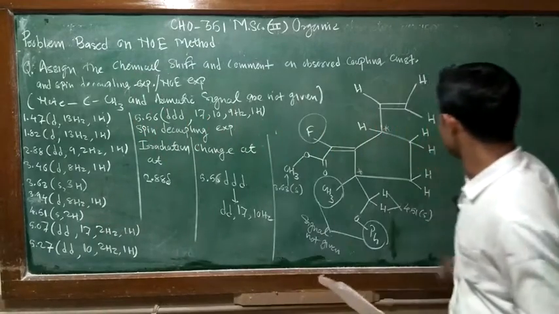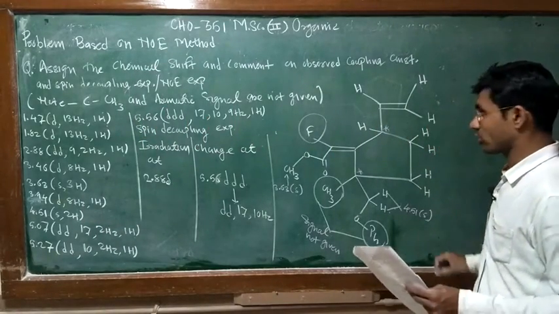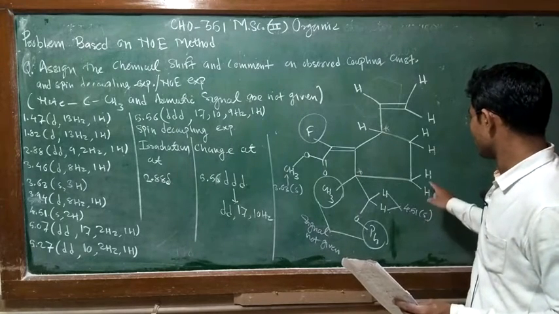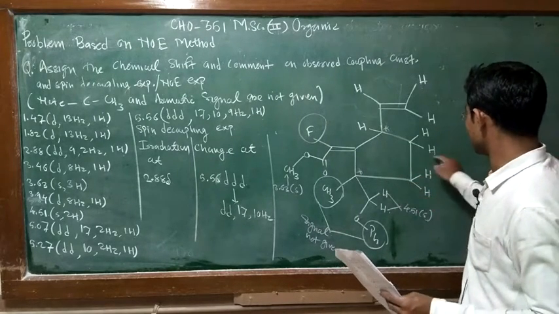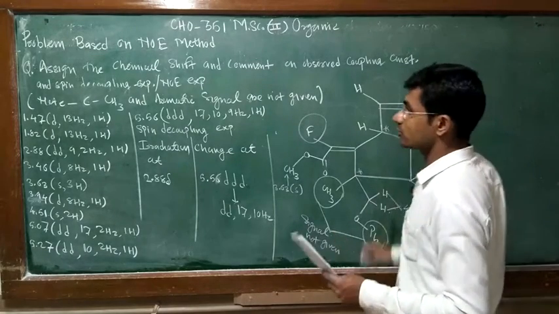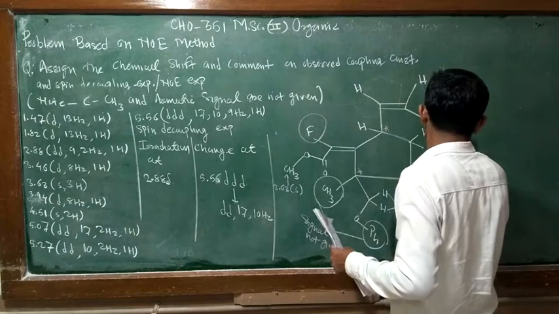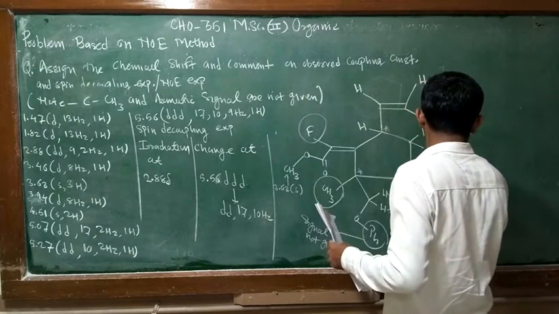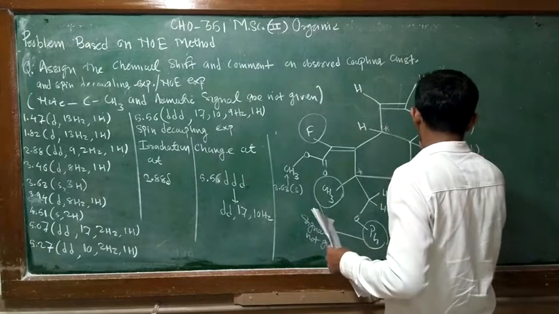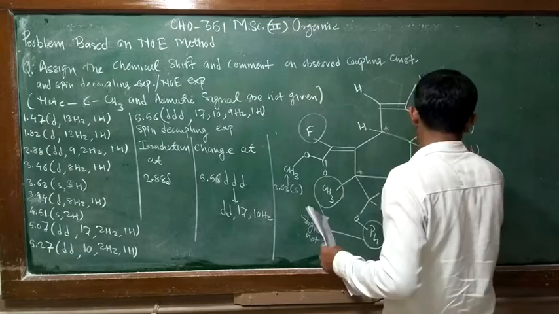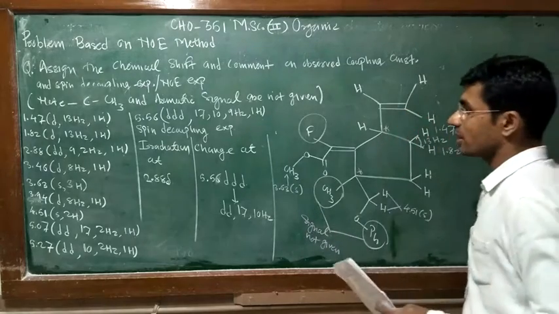These two signals we can assign for these protons, not for this, because this proton is deshielded as compared to this. So we assign 1.47 doublet for this proton, and 1.82 doublet for this. These two are mutually coupled, so 13 Hz like this. In this way we can assign.